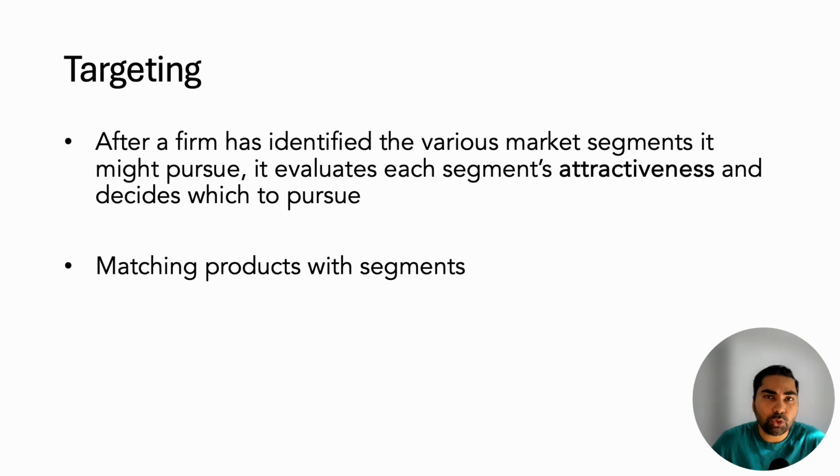For instance, if you do some income level segmentation, you can have people who earn more than $1 million, people who earn between 500,000 and $1 million, and people who earn less than, let's say, 200,000. A lot of people will fall in the bracket of less than 200,000. So that's actually a large segment. And if a company wants to target that segment, that segment would be very attractive because it's large in size.